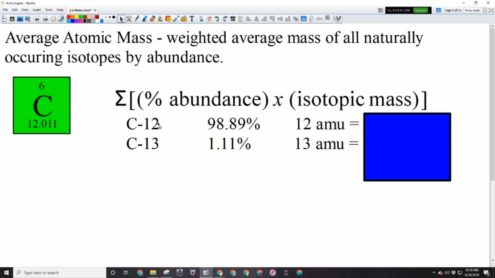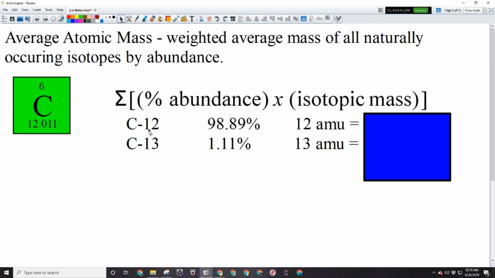But that's not the only species of carbon that's in the world. So here, for this example, it tells us that we have carbon 12, but there's also a carbon 13 that exists. So carbon 13 has 6 protons, but it has 7 neutrons to make 13.